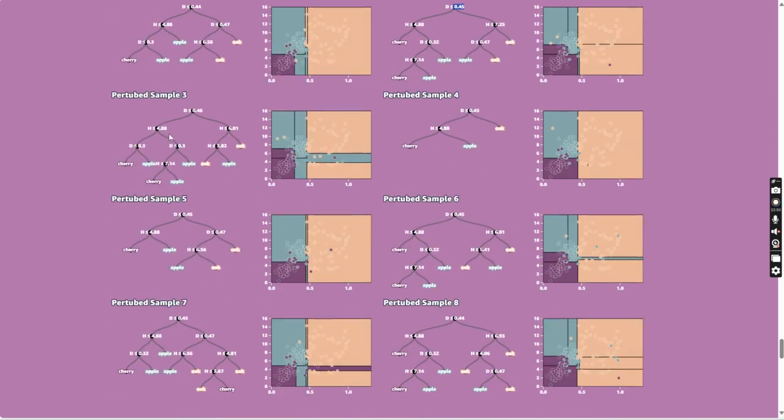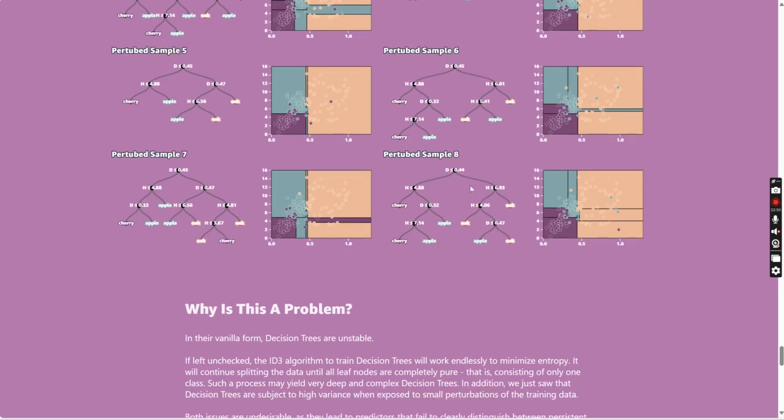Okay. Next sample, you see the value is increased slightly, the diameter value is increased slightly, again the tree structure differed. Likewise, if you notice, for multiple changes in the values, multiple decision tree structures have come up. Now this is a problem.